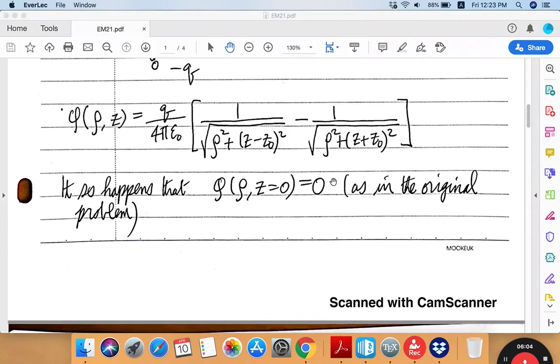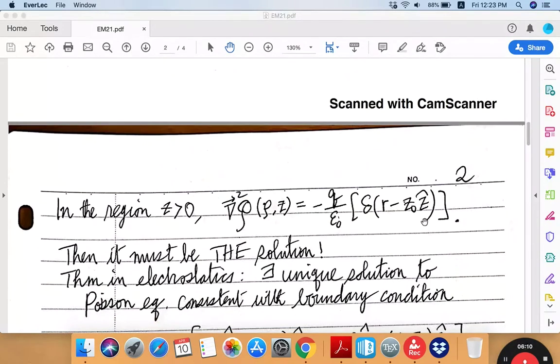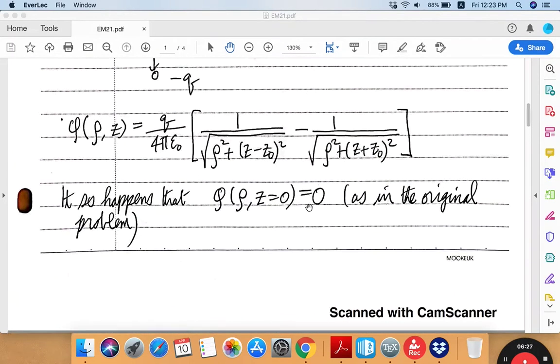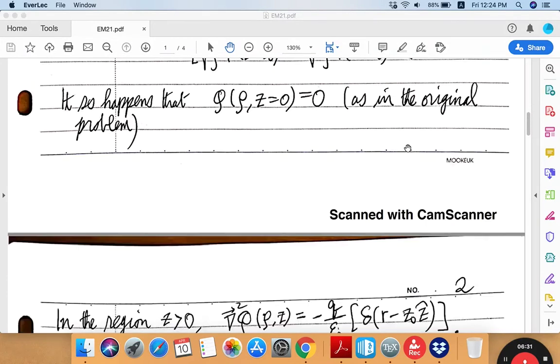Now, there's also a delta function coming from the second term, but that delta function will be centered at r equal to minus z0. However, if you just confine your attention to the region above the plate where the coordinates are z greater than 0, then the delta function coming from this second term will be strictly 0.